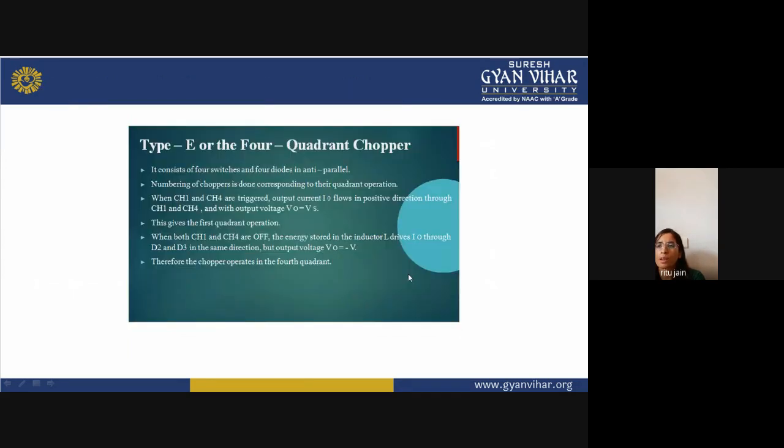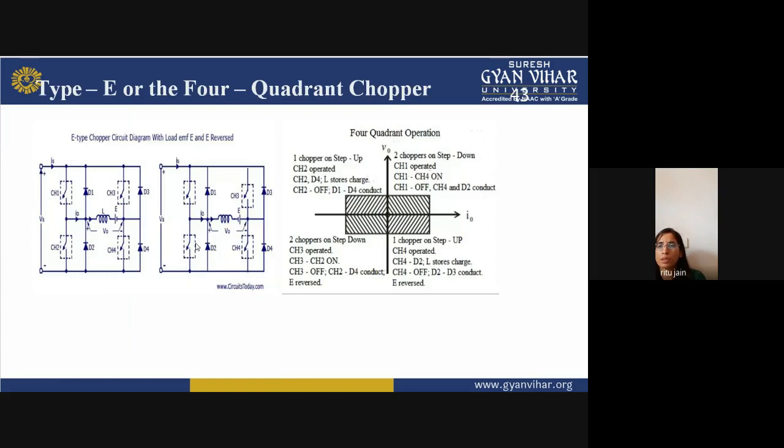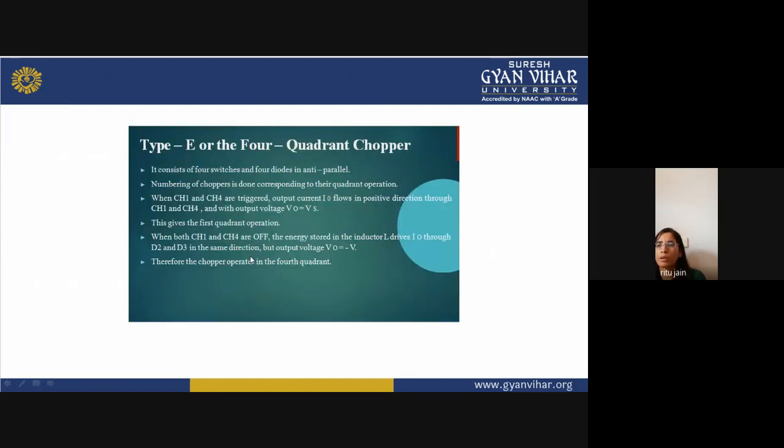This gives the first quadrant operation. Now when both CH1 and CH4 are off, you can see in the diagram, the energy stored in the inductor causes current to keep flowing through it, and this terminal becomes negative and this terminal becomes positive. So diodes D2 and D3 will turn on.